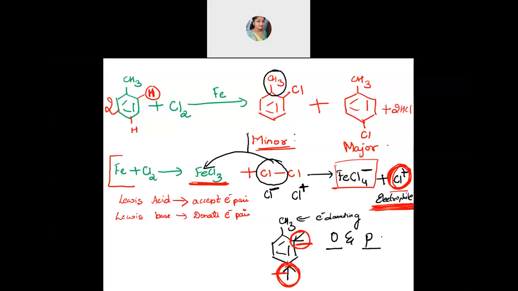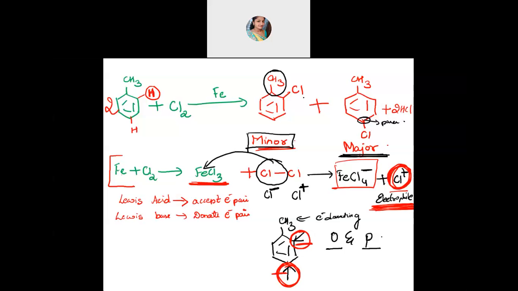So ortho products will usually be less in quantity and para products will usually be major in quantity, because going and attacking at the position immediately next to it is a little difficult. So they prefer attacking at the para position. Para is usually the major product and ortho the minor one, less in quantity, while para is in major quantity.